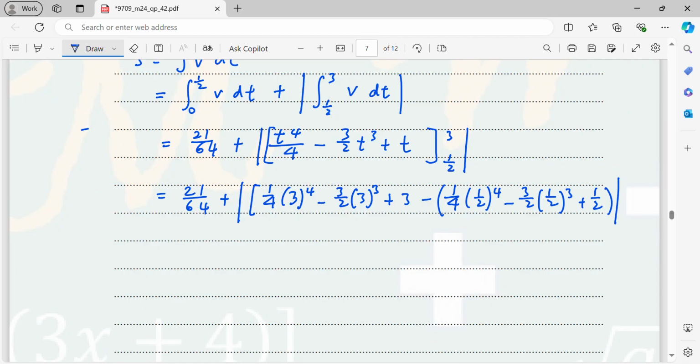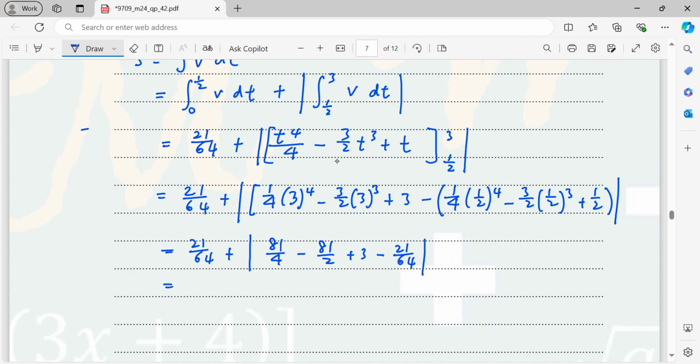Just replace accordingly. Then you will be getting 21 over 64 plus the absolute value of 81 over 4 minus 81 over 2 plus 3, minus 21 over 64.